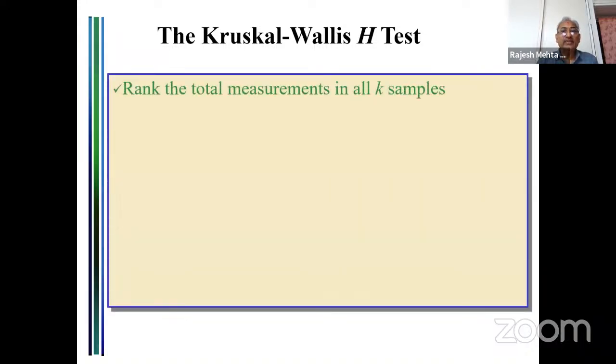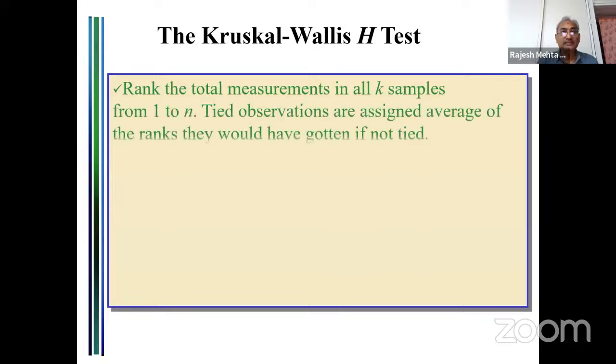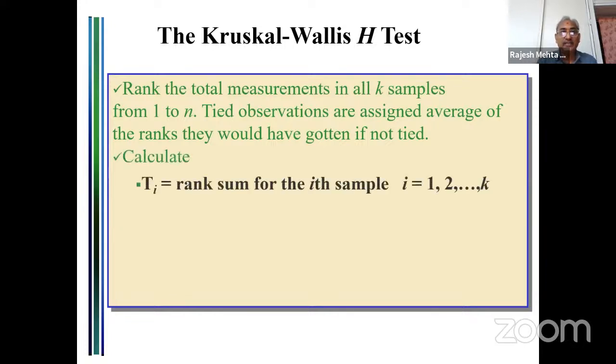This example will make it very clear. Rank the total measurements in all k samples from 1 to n. Tied observations are assigned the average of the ranks they would have gotten if not tied. In this case, the rank sum of the ith sample, i equal to 1, 2 up to k, is a question of making the tied observations.